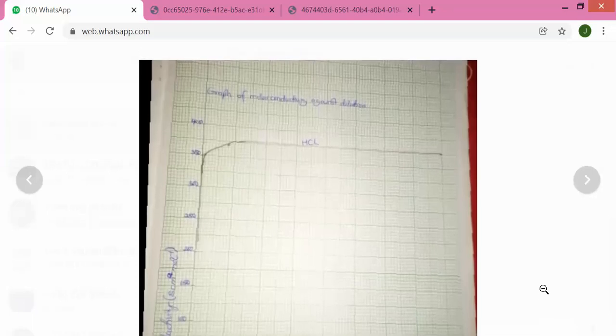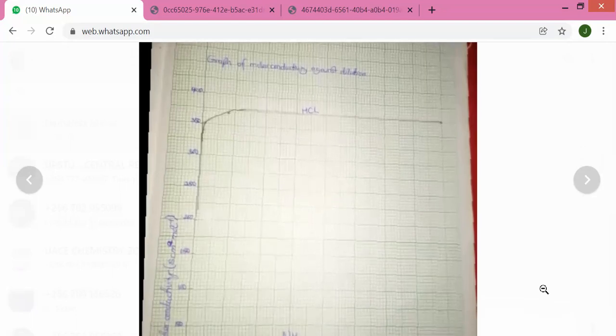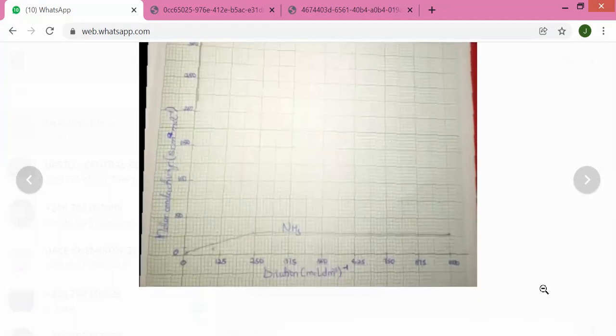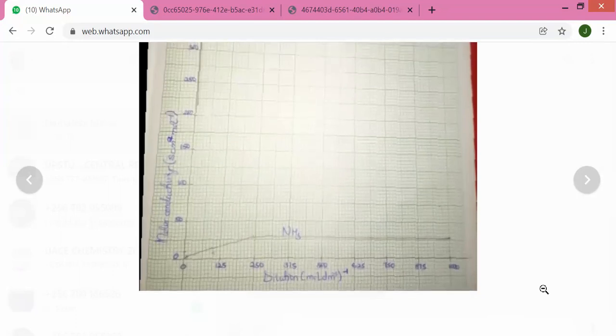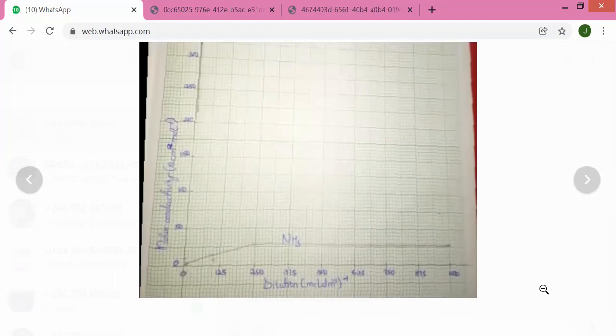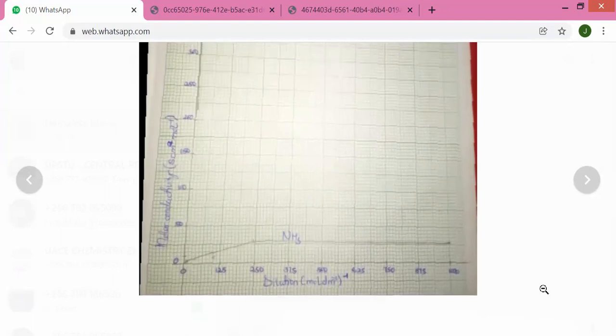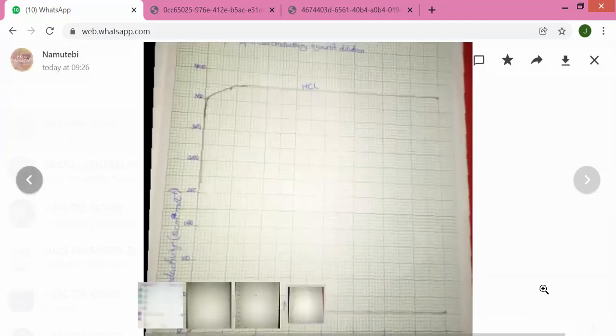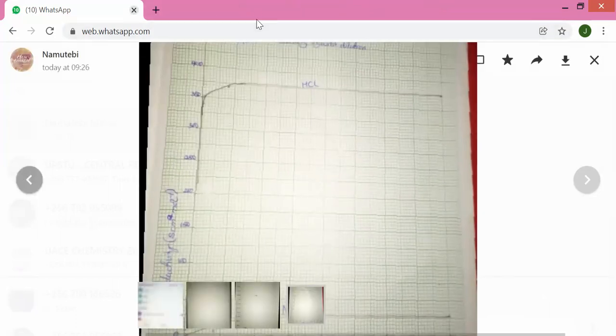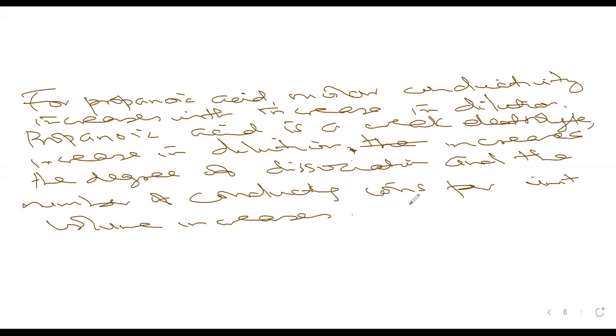For this one, we have the graph of molar conductivity against dilution for hydrochloric acid, which is there. And then for ammonia, I don't know why it is doing something like this there. There could be a problem with plotting in this region here. But I think the rest of the work looks fine. So that's how you plot the graphs and explain in the same way. So you'll try out other questions from Mystifying Physical Chemistry and get good practice about those graphs.